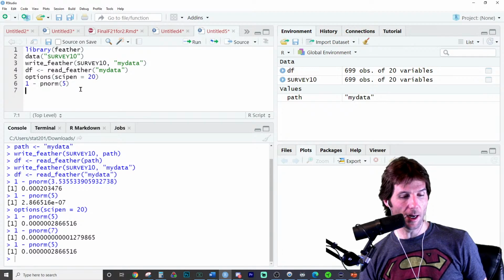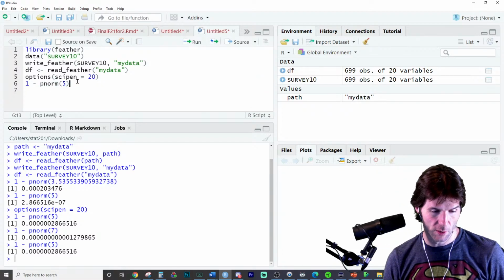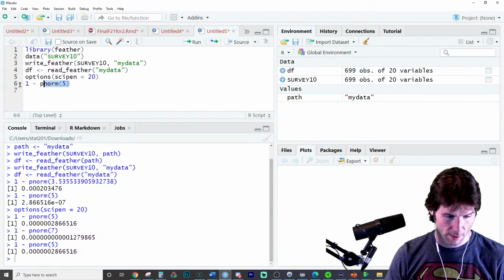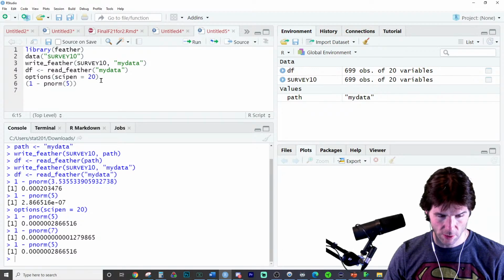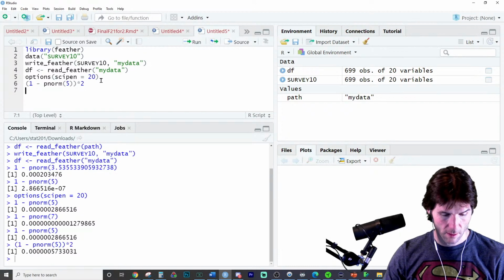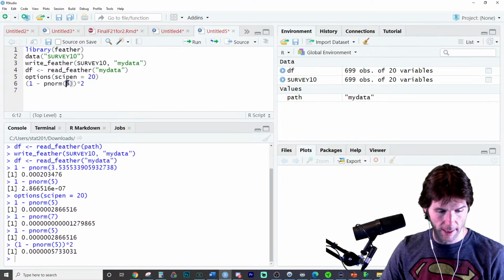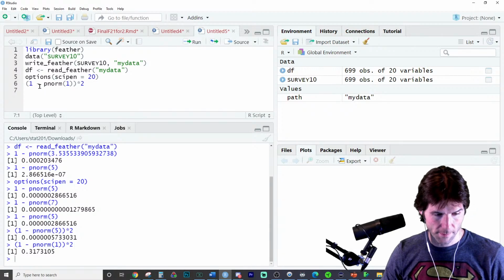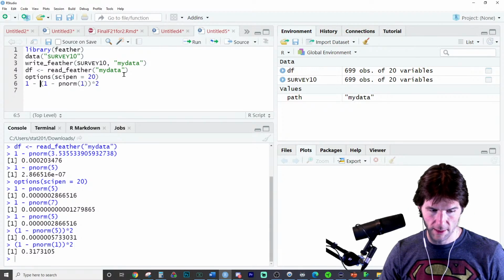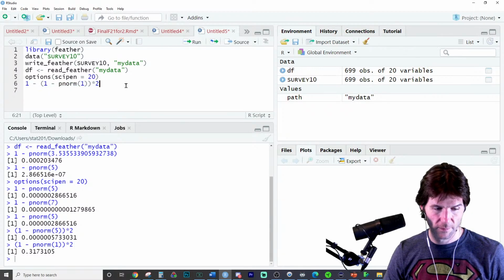You know what's really cool is what we could do. Okay, so that's the upper tail. So if we do this value times 2, that's that. And guess what we get right here?